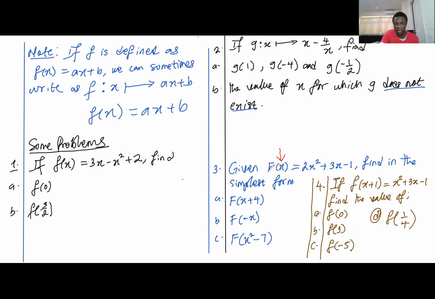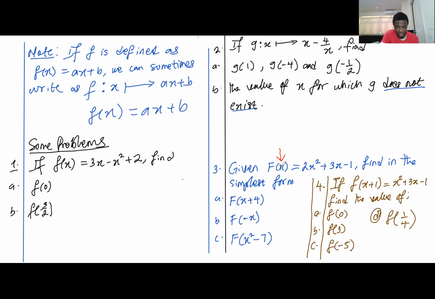Whenever this f acts on an argument, anything it acts on, it will be 2 times the square of the same argument plus 3 times the same argument minus 1. We don't care what this argument is.